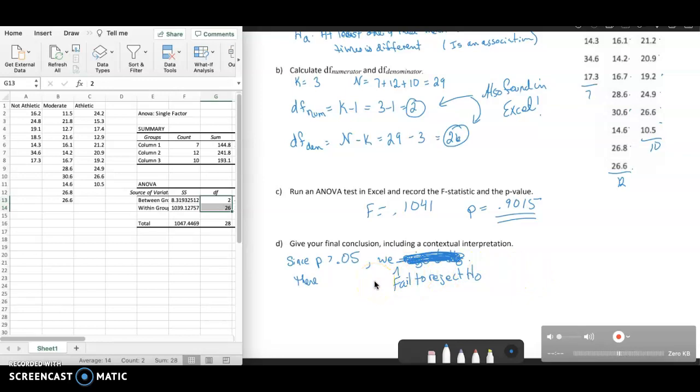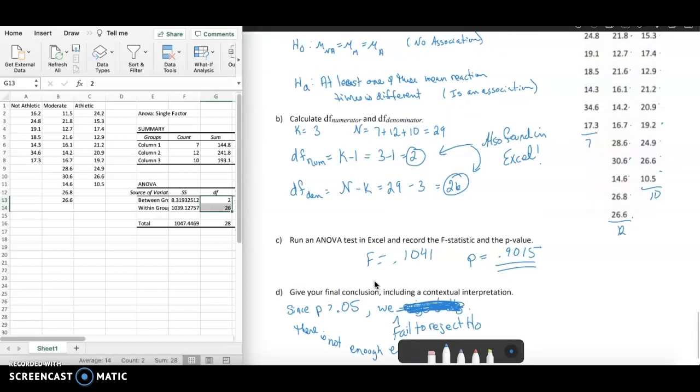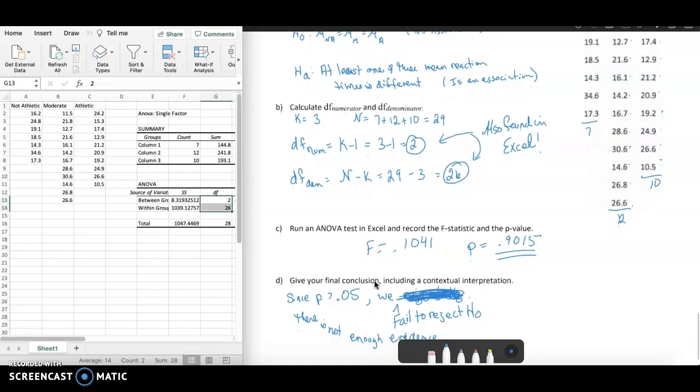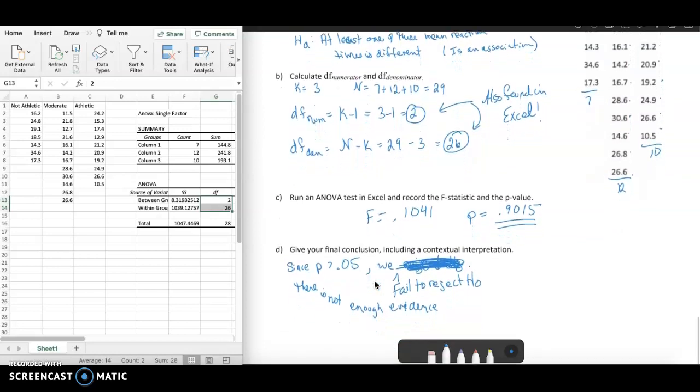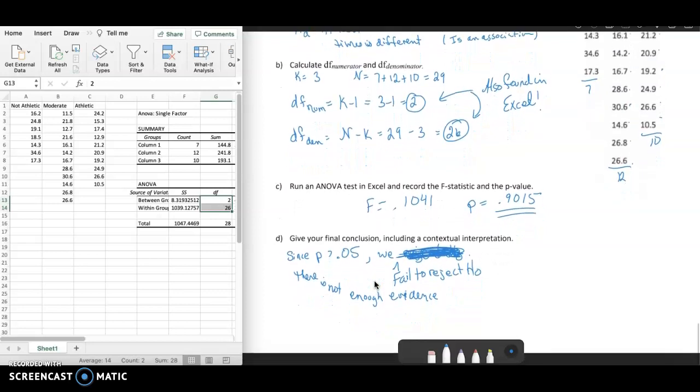What that means is that there is not enough evidence. We failed to reject this, so we did not find enough evidence to say that these reaction times are different or that there is some kind of an association there.